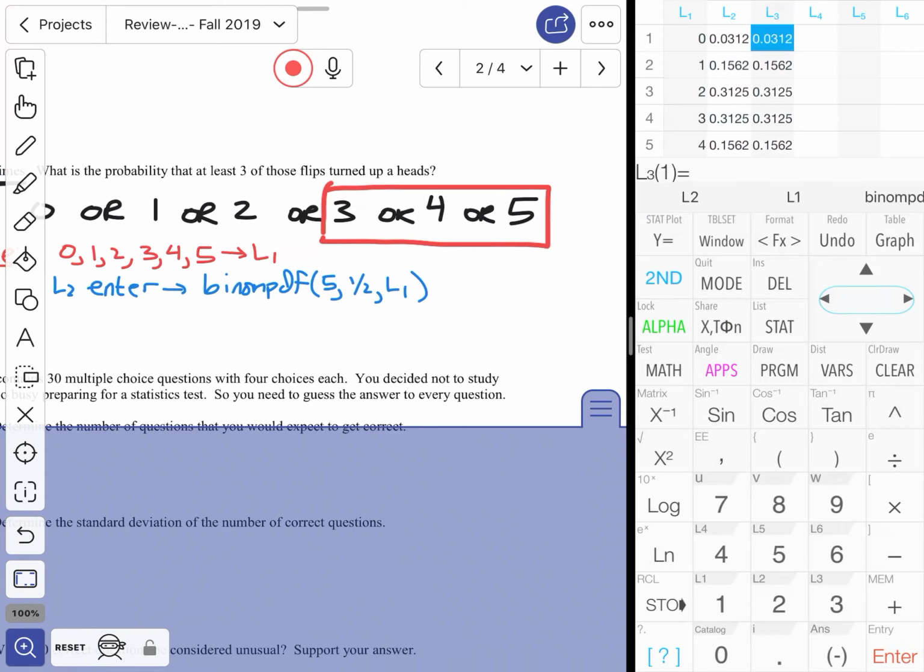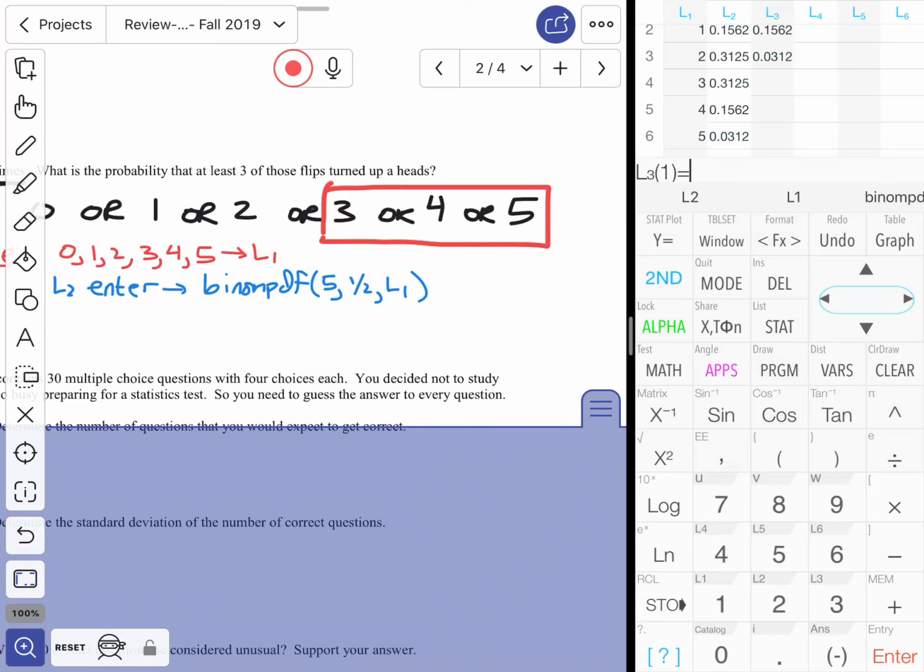I'm going to bring in L2. I want to get rid of the first three values, so I only want to keep the last three values. So delete, delete, delete. The ones associated with 3, 4, and 5 should still be there: the 0.3125, the 0.1562, and the 0.0312.